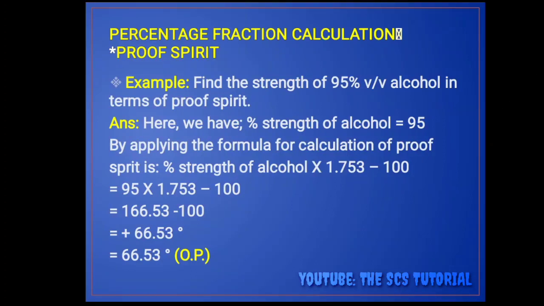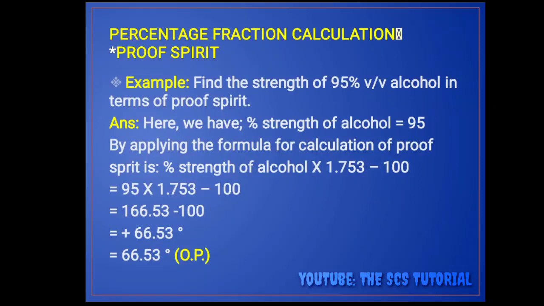So if we are using that data to convert the volume strength to percentage strength or proof spirit strength, consider an example: find the strength of 95% volume by volume alcohol in terms of proof strength or proof spirit. Here the percentage strength of alcohol is 95, and by applying the formula for calculation of proof spirit, percentage strength of alcohol into 1.753 minus 100, as we discussed previously.